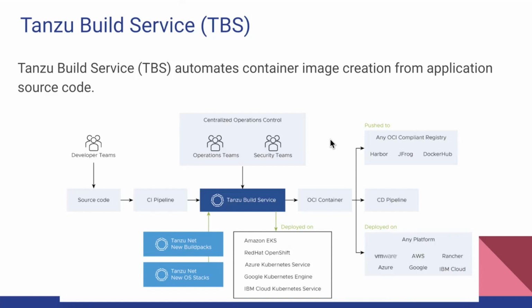You can supply that, and it's TBS's responsibility to detect whether it is Java code, Python code, or what, and to containerize it and give you the OCI compliant container image that eventually you can deploy on any Kubernetes cluster. Behind the scenes, it uses the capabilities of buildpacks, right?